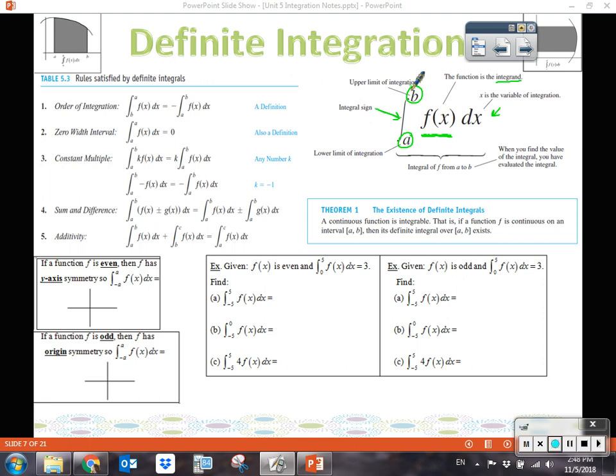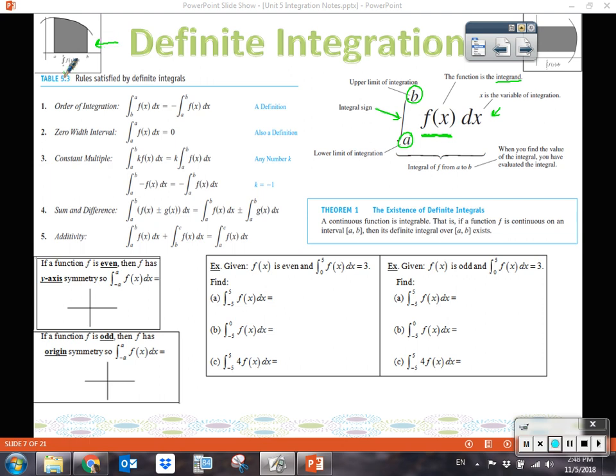You can tell the difference between them because a definite integral will have numbers on the integral sign and an indefinite integral won't. So that's the difference. And what a definite integral basically does for us is it lets us calculate the area under the curve. That's one of its uses. This is a picture right here.